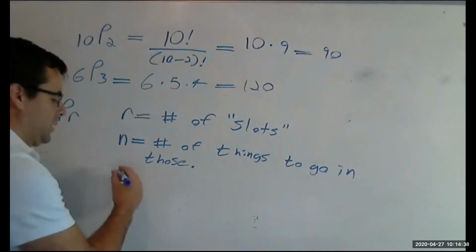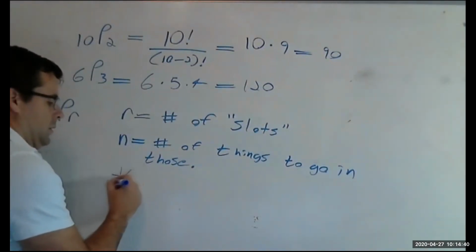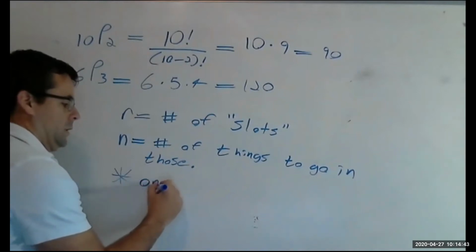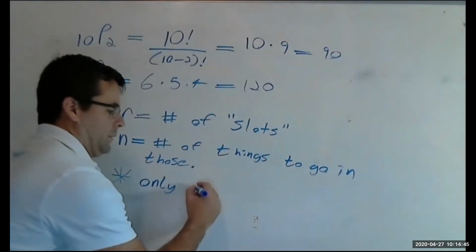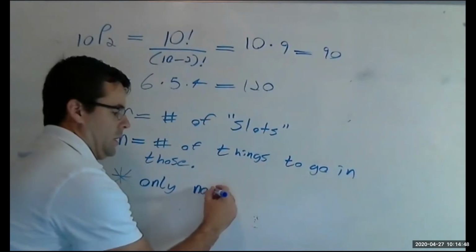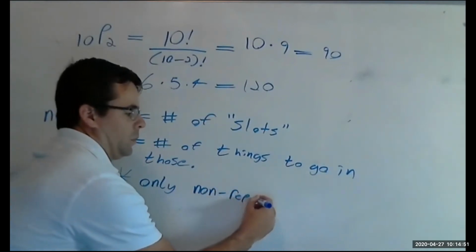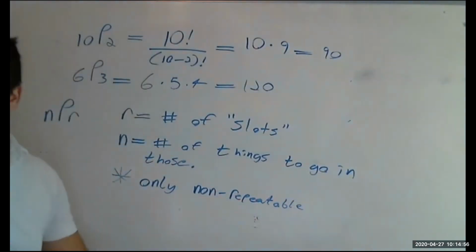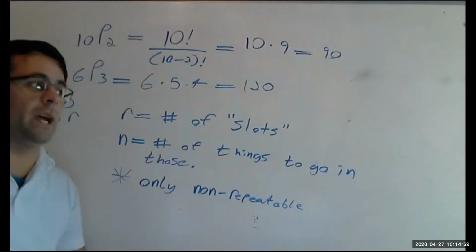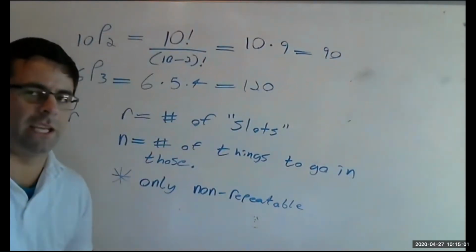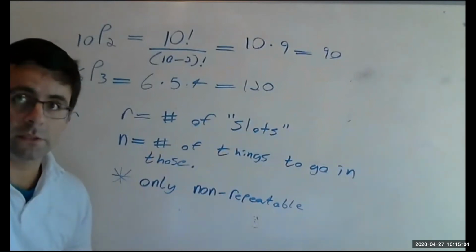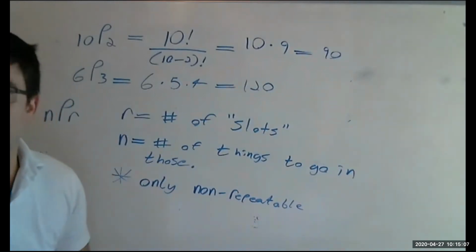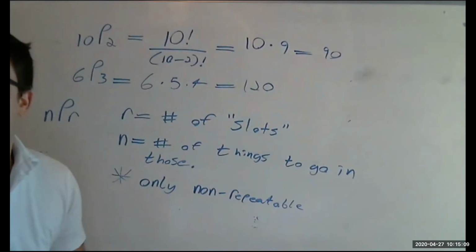But remember, this is only for non-repeatable things. So it's only if you have 26 letters and you can't use any repeats. Those are the kinds of questions that this covers. So please keep that in mind.